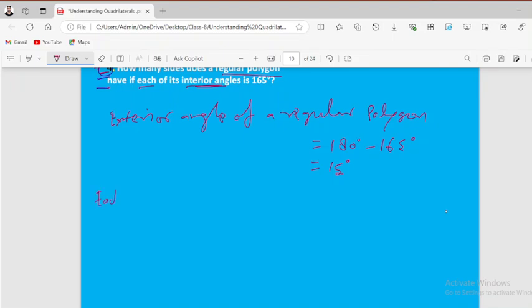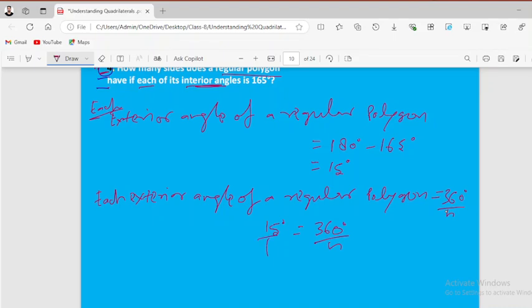Each exterior angle of a regular polygon is equal to 360 degrees upon n. So now 15 equals 360 upon n.